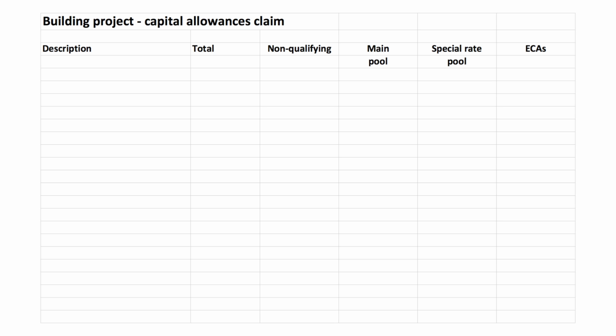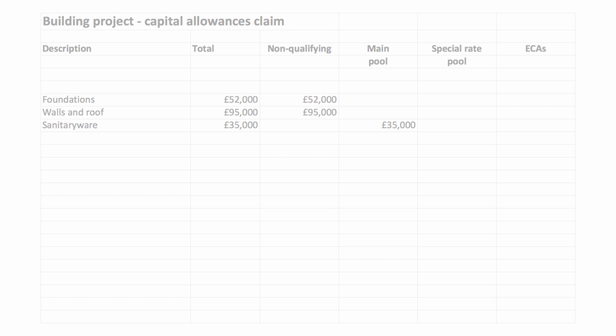When carrying out the analysis, there may be no need to break down some large elements. The cost of the walls and roof, for example, will not normally qualify at all, so there's no need for any detailed analysis. The cost of toilets and basins will qualify in full as standard rate expenditure, and again it may not be necessary to include much detail.